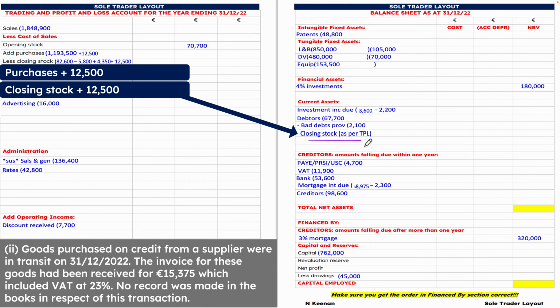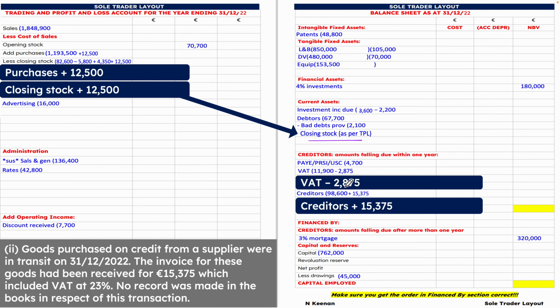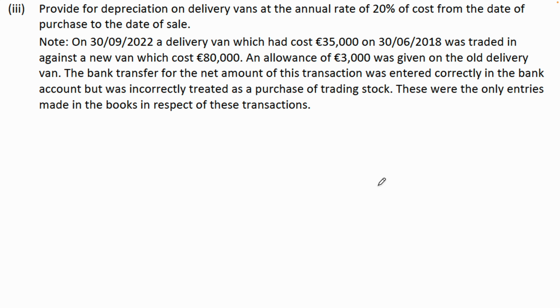That's also going to affect the closing stock here. The creditors, we're going to add the 123%, and then the VAT, we're going to deal with the 23% there. And we know why we minused it. It was because the VAT figure in the trial balance is on the opposite side to what we had to do back there. Okay, so that is adjustment number 2 done.